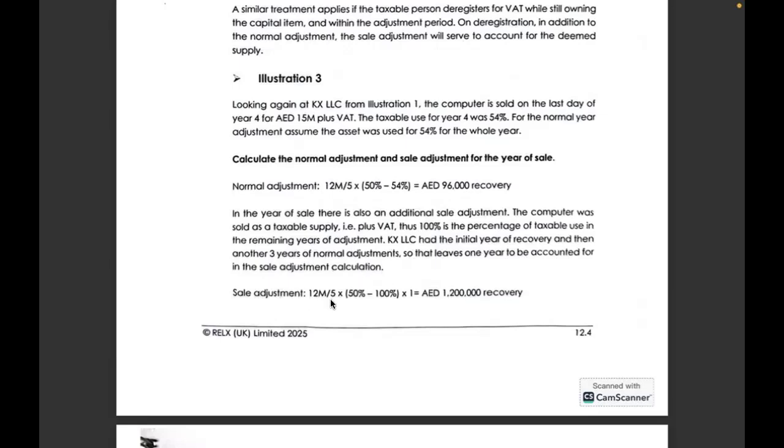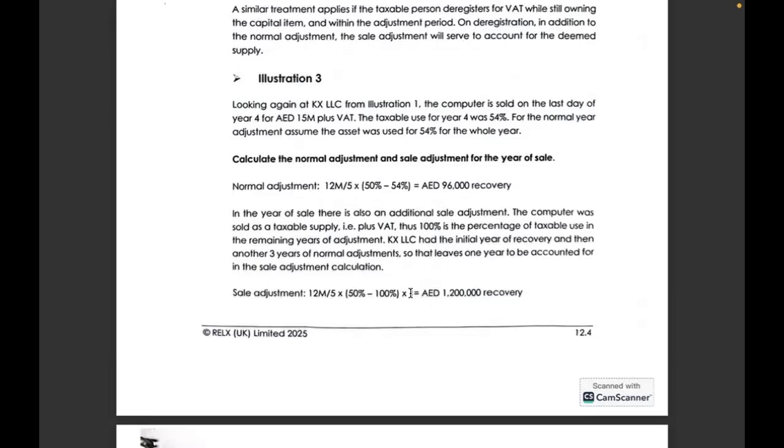So 12 million divided by 5, into 50% minus 100%. Now, actual use we are assuming as 100%, which indicates that we can recover extra tax. And for how many years are we talking about? The life was 5 years for this asset. 4 years we have already claimed, so 1 year is remaining.